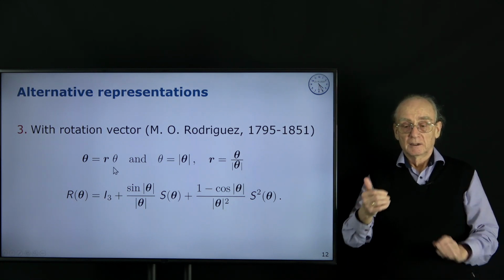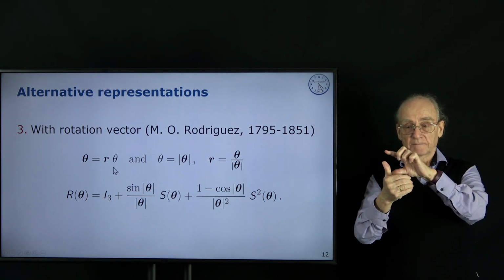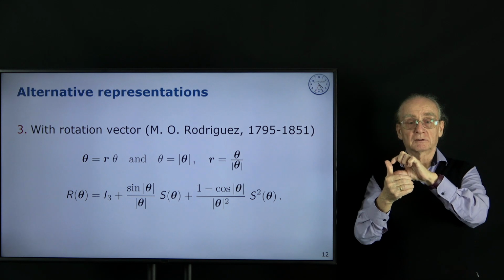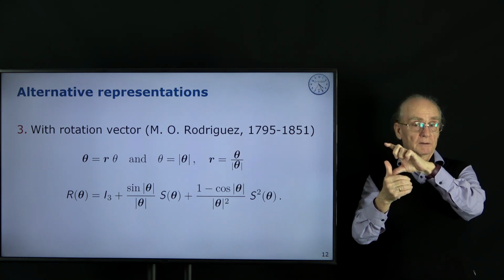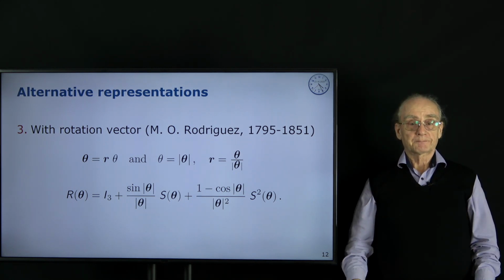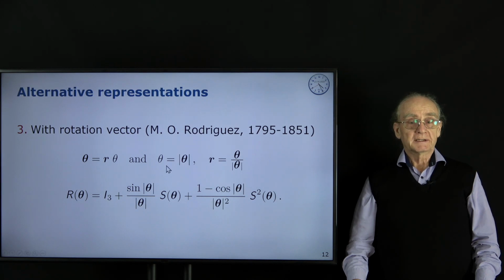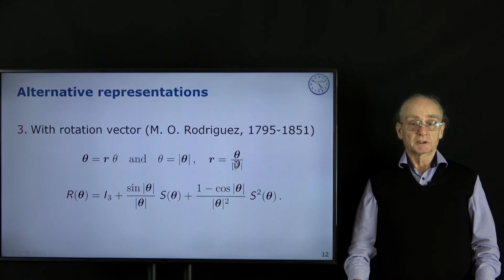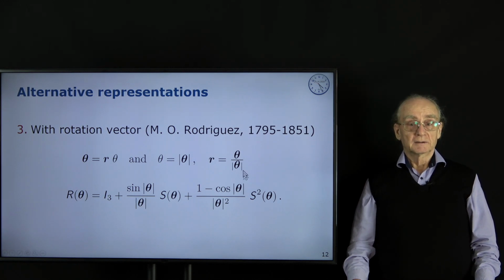So it shows the axis, and the length of this vector is proportional to the rotation angle. So we easily can derive the rotation angle by just taking the length of this vector, and we can derive the rotation axis by just normalizing this vector to length 1.